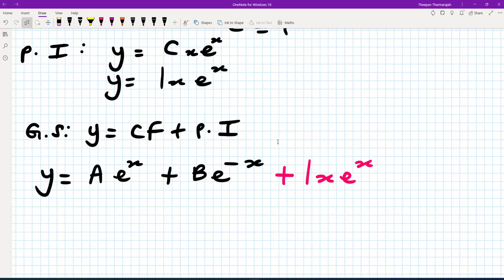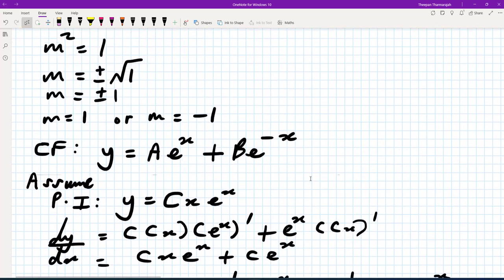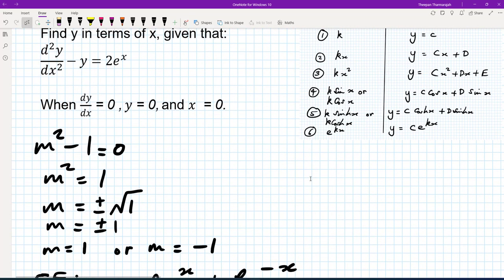But now, if we go back to our question, it says that we've got some boundary conditions that y equals 0 and x equals 0, and also dy by dx equals 0.